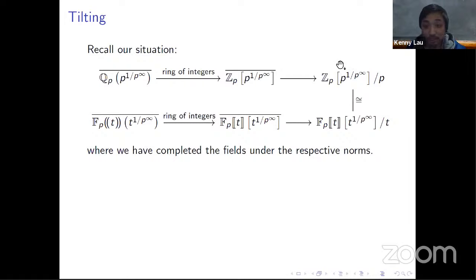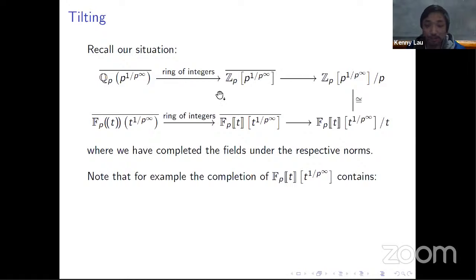So taking the completion, we don't need the completion here because the completion doesn't affect the quotient. They have the same quotient. And we do the same thing for the Laurent series. And then somehow we will have this situation where the extensions correspond to each other, right?